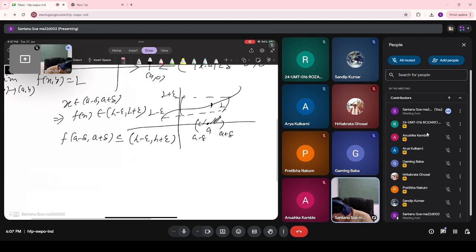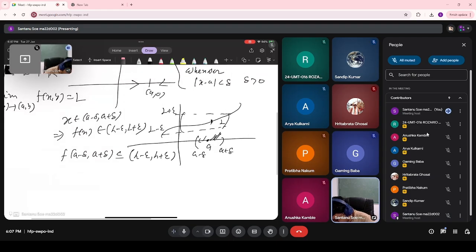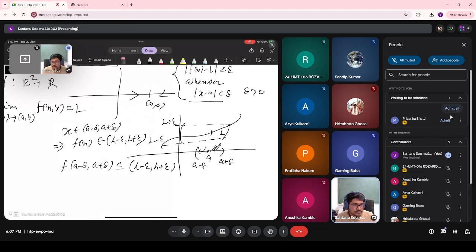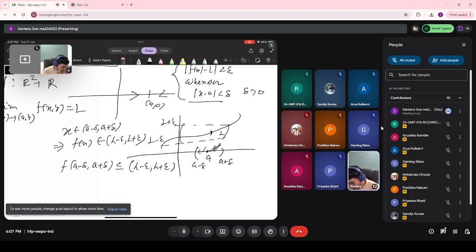Now for the two variable limit, there are two arguments, so you cannot simply use the modulus. You have to use a different argument: the modulus will be replaced by a norm.